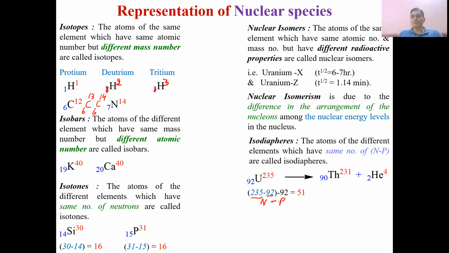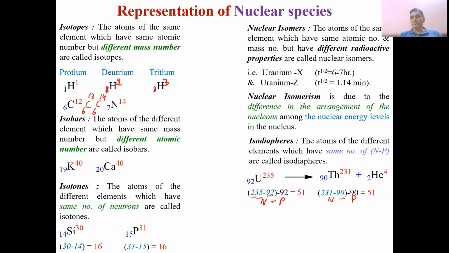The value comes out to be 51 in case of uranium. If you similarly calculate the n minus p value in case of thorium, the number of neutrons is 231 minus 90, and the number of protons is 90. So the n minus p value also comes out to be 51.